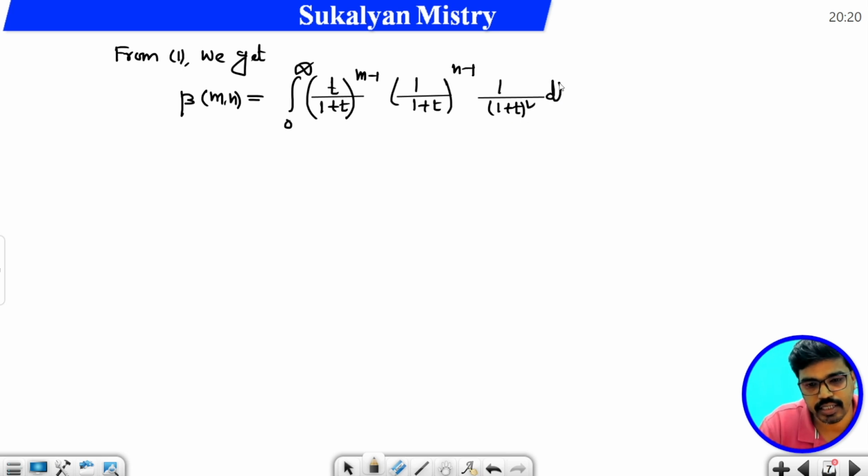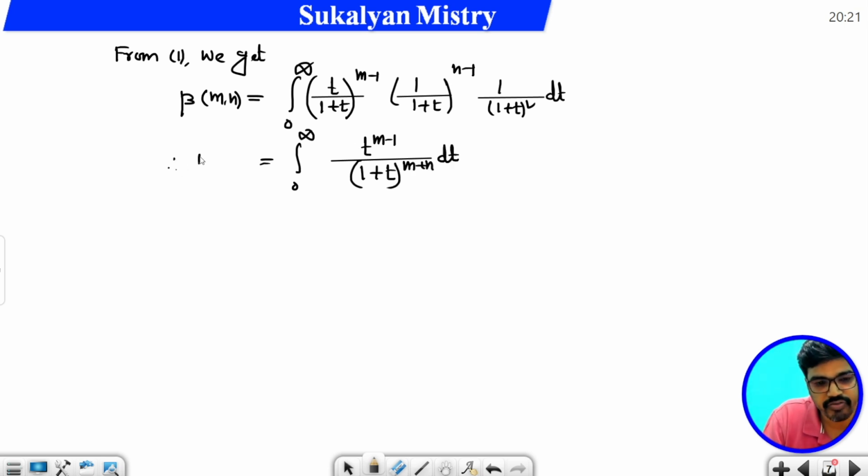Now just simplify. This equals integration 0 to infinity t to the power m minus 1, divided by 1 plus t to the power m minus 1, multiplied by 1 plus t to the power n minus 1, giving 1 plus t to the power m plus n minus 2. Here there is 1 plus t square, so ultimately we get 1 plus t to the power m plus n dt.